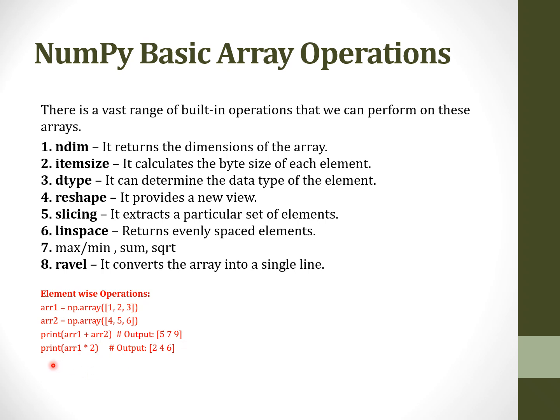Similarly, if we want to perform some mathematical operation, like multiplying by 2, that can also be done. You define the array and give star 2, which generates an array where all the elements of array 1 are multiplied by 2.